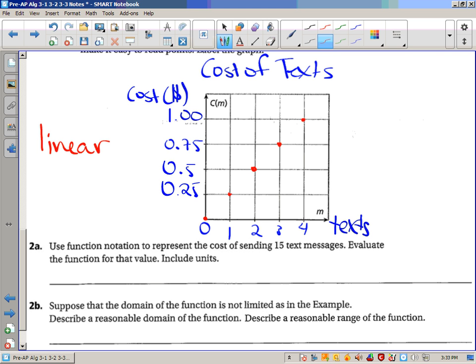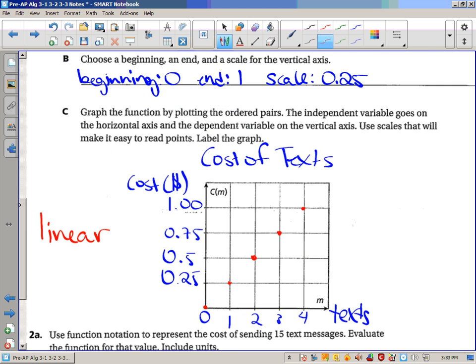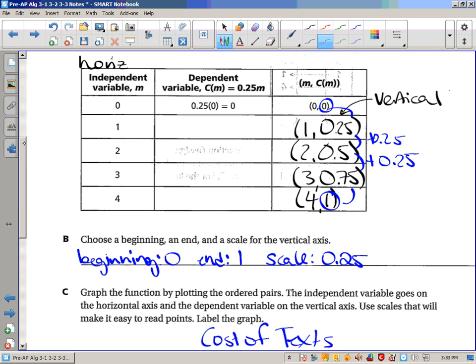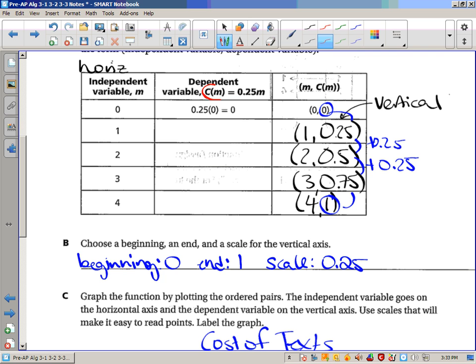Let's go back to function notation here for a minute and see how we could represent the cost of sending 15 text messages with function notation. Well, they call this function C of M. This right here is the function rule on the right side.